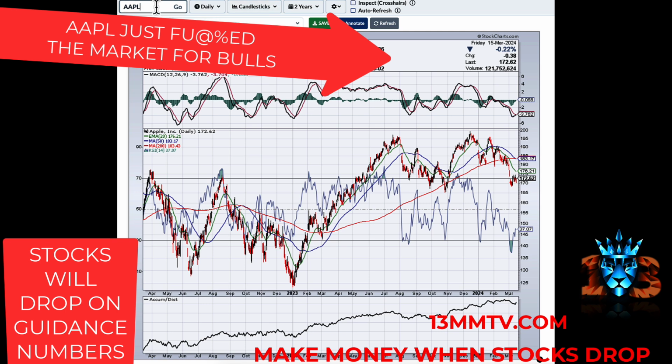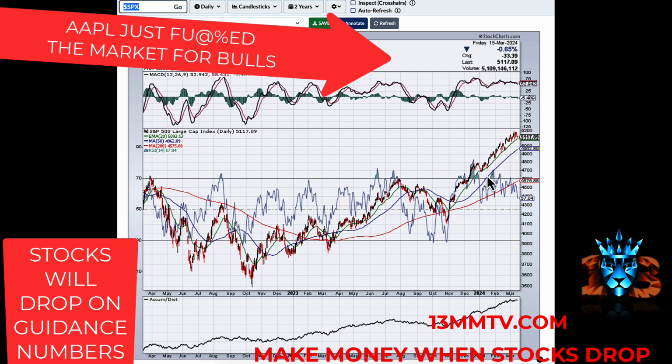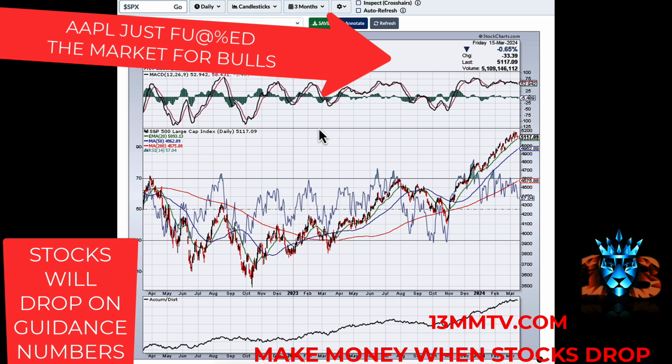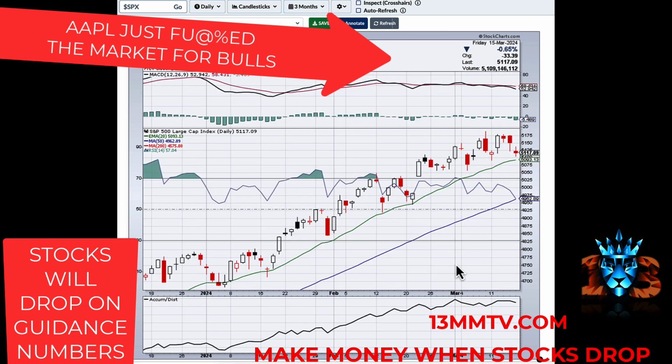Well, let me just go to the S&P chart, okay, and show you. Some of these big moves. Let's go to a 3-month chart on S&P. Guys, all of these big moves, right? They were right here, February.